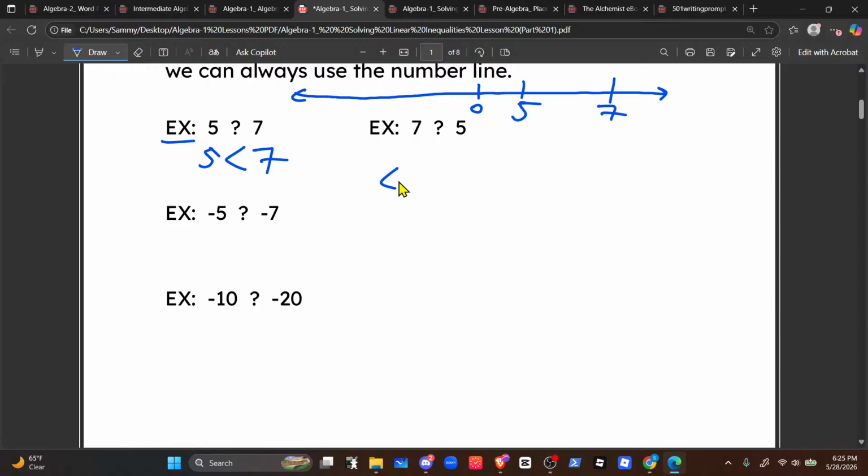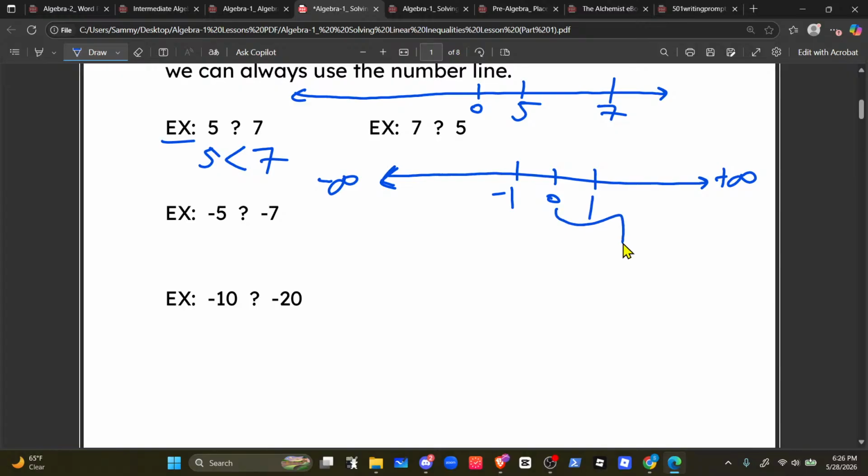And as a reminder, the number line works in the following way. It's just an ordering of all the numbers from negative infinity to positive infinity. Okay, and so you can have something like -1 and +1. So all the numbers to the right of 0 are going to be positive.